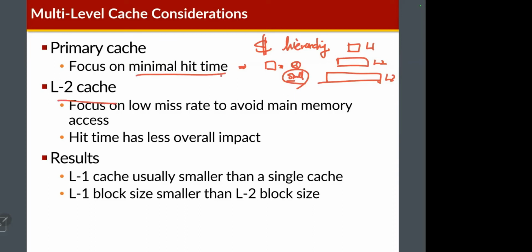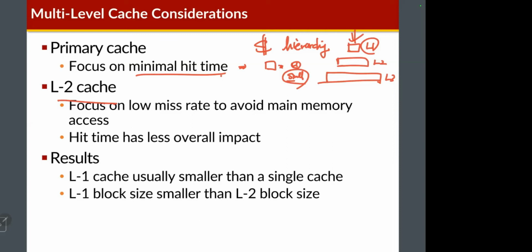For the L2 cache, the size is larger because, firstly, the access to the memory is filtered by L1. With the L1 cache, the miss rate is at a reasonable level, like less than 10%, because of the data locality observed in applications.